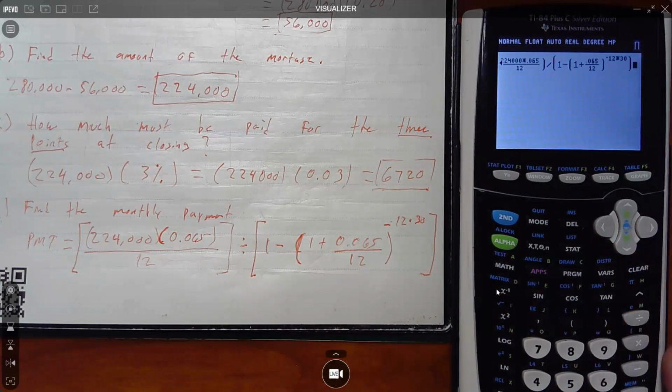Close parentheses, all of this is on the bottom. That seems about right. So your monthly payment for your house is $1,415. Assuming you have this rate and you put that much money down, should be good.